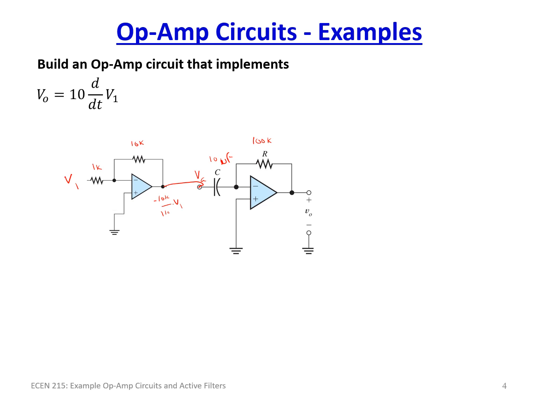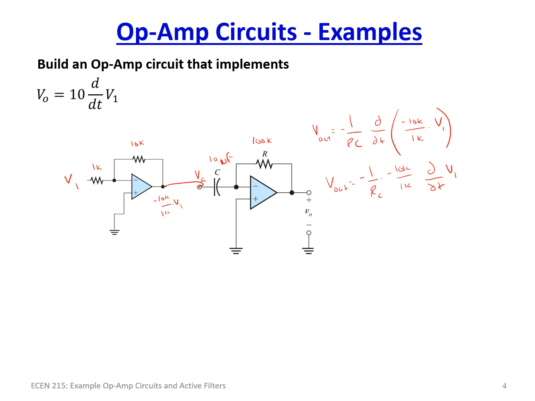If we do all of this, then V out, we'll just write it out piecewise here, is equal to minus 1 over RC times d dt of this being minus 10K over 1K times V1. Since this is a constant, V out can be simplified as equal to minus 1 over RC times, in this case, minus 10K over 1K times d dt V1 of t.